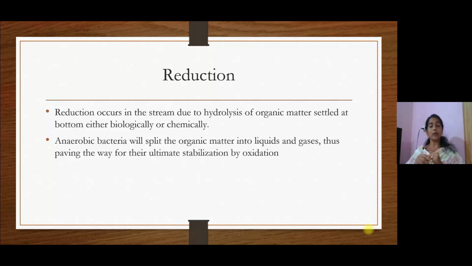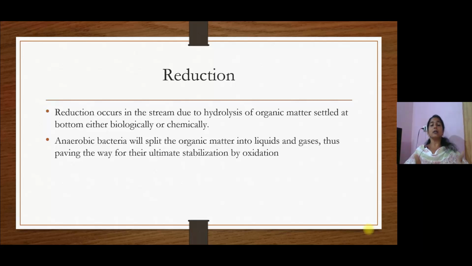By biological means, anaerobic decomposition takes place, which will convert the organic matter into liquids and gases, which are non-toxic and will not create any pollution, thus paving the way for their ultimate stabilization by oxidation.